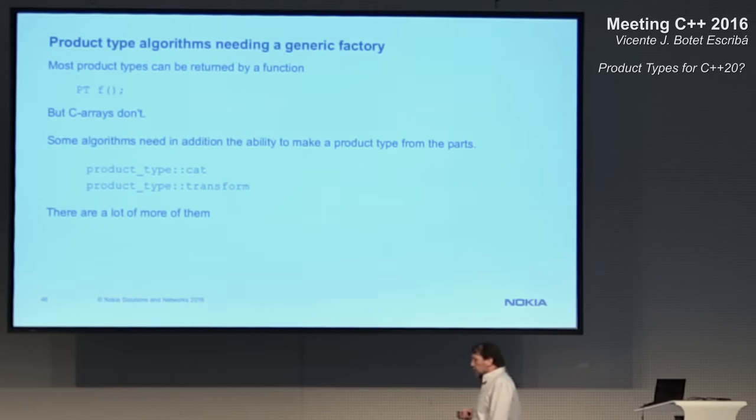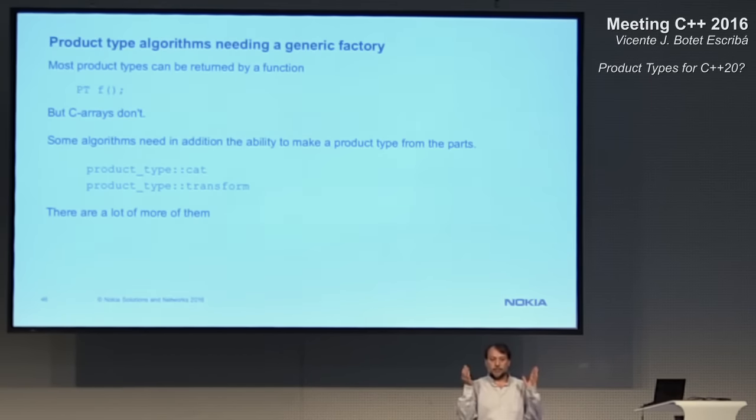And we want to be able to return product types also from functions. Unfortunately, we are in C++ and C, and we have C arrays. We are unable to return C arrays from a function because C arrays don't copy.